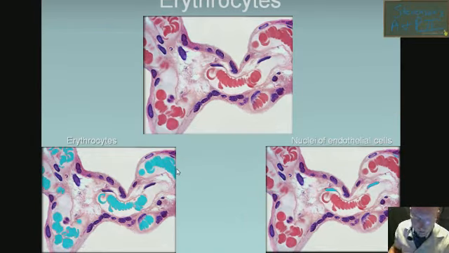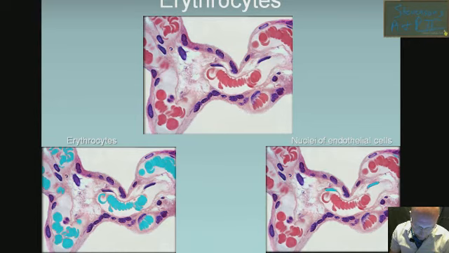Okay, erythrocytes. More views of them. Here we are looking at them within the capillary beds. We see the erythrocytes highlighted in more of a blue turquoise color at the bottom left, and then you see the nuclei of the endothelial cells on the right.